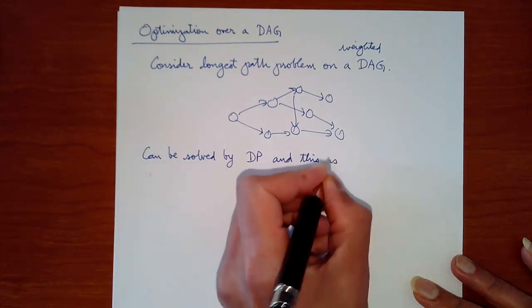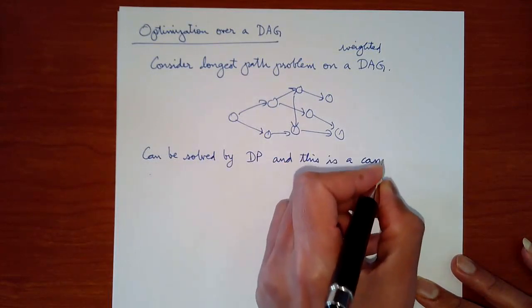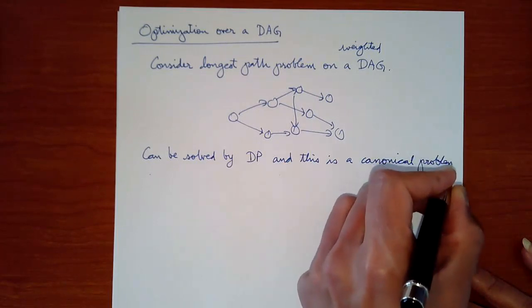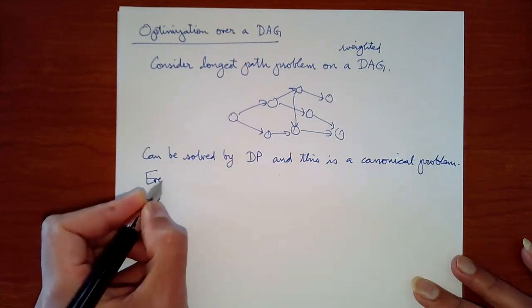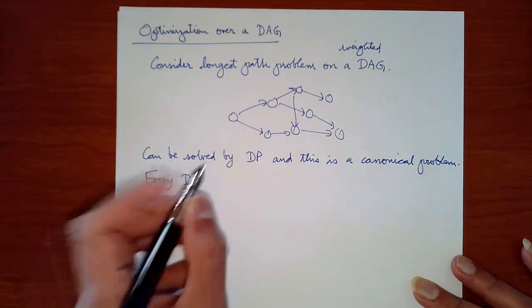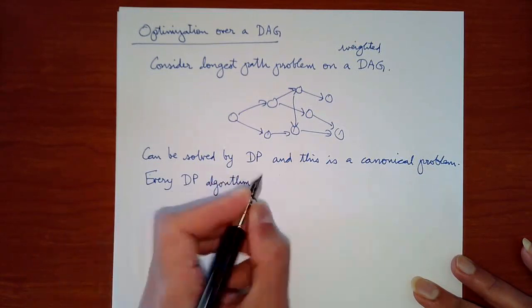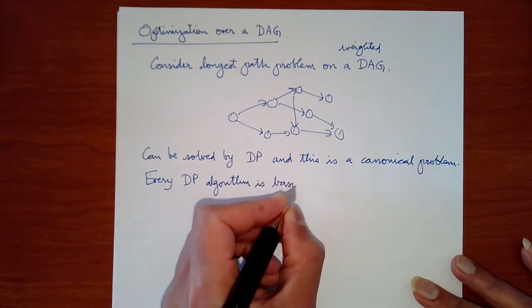And this is a canonical problem. What does this mean? It means that basically every dynamic programming algorithm is basically optimizing over a DAG.